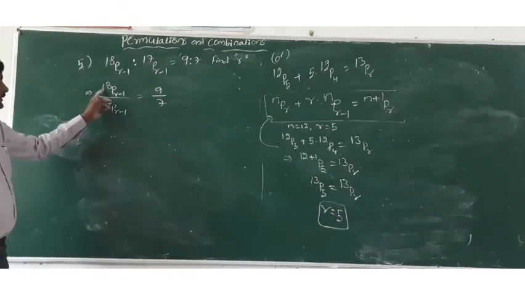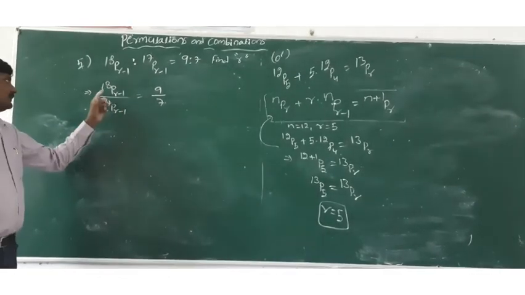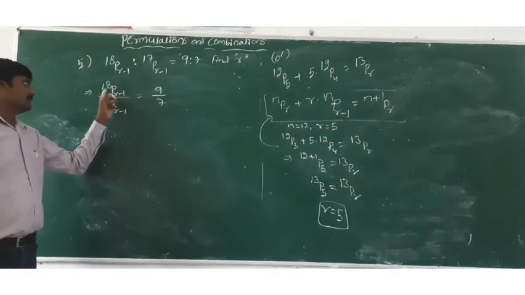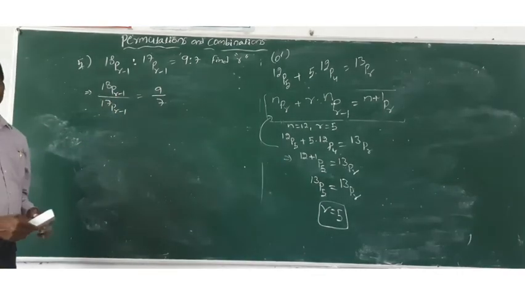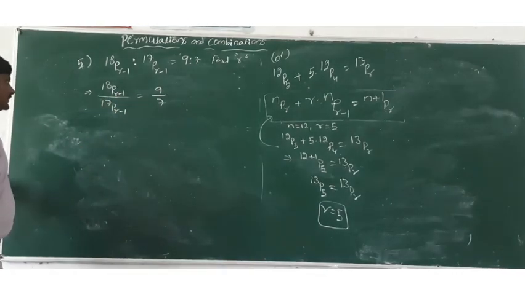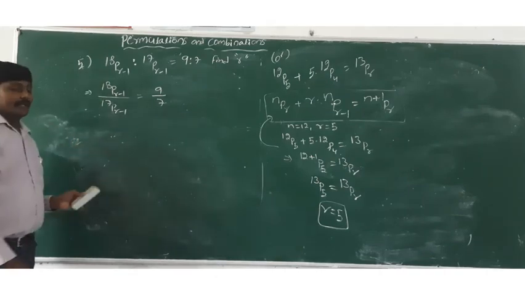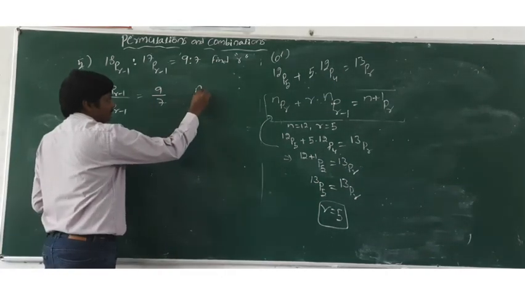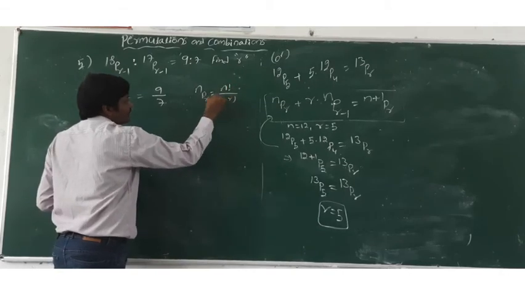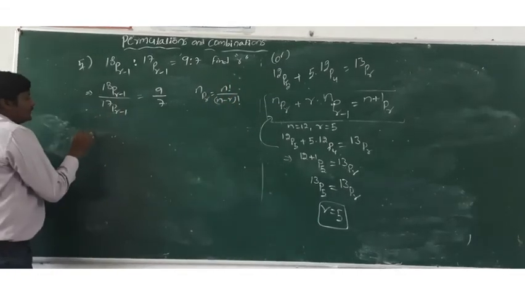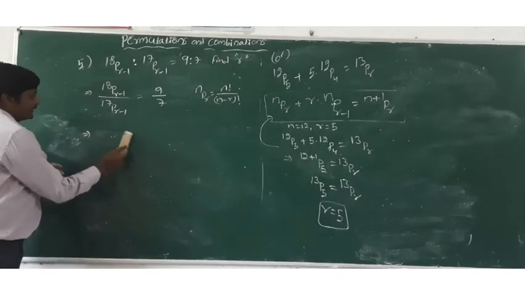Here 18P(r minus 1): starting with 18, we write r minus 1, but we can't write it directly. That's why here apply the nPr formula. The nPr formula is n factorial by (n minus r) factorial only. Apply the same nPr formula in the numerator and denominator.